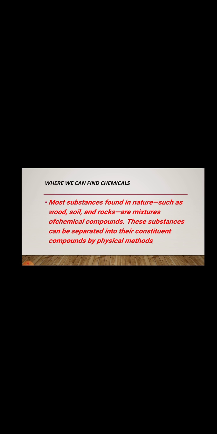One interesting question is where we find these chemicals. Most of the chemicals we use in our daily life actually exist in nature, in the form of a mixture with other chemicals or chemical compounds.